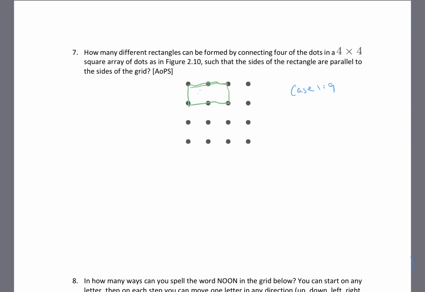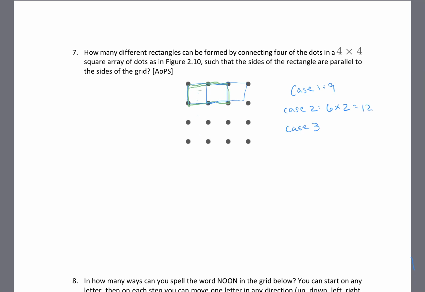If we want it to be horizontal, we can see that there's 1, 2 per row, right? And then since there's 3 rows, there's 6 that are horizontal, right? And then we can also count the vertical one, so that's times 2, so that's 12 total.